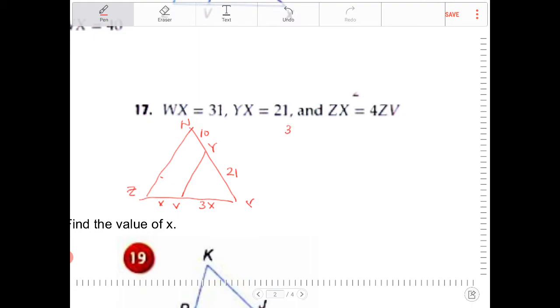So I can say 3x over x, is this the same thing as 21 over 10? And we can see that 3 is not the same as 21 over 10. Wx is 31, Yx is good. Right. So therefore we can say that Zw, again, is not parallel to Vy.